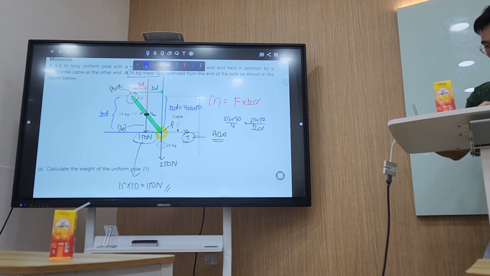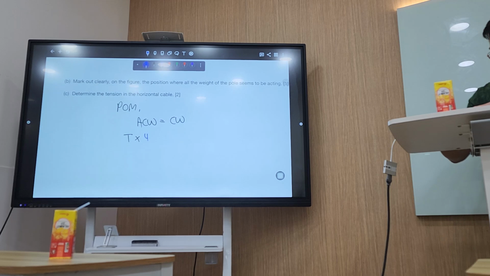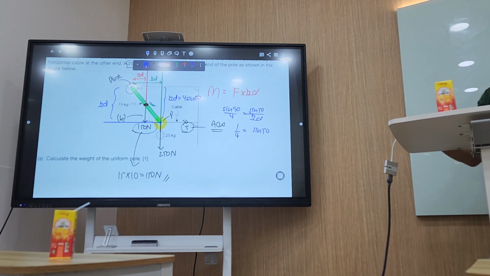Sine 90 is 1, so it's 1 over 4. Okay, good. So down here is 4 sine 50. Let me get sine 50 first, it's in degrees.